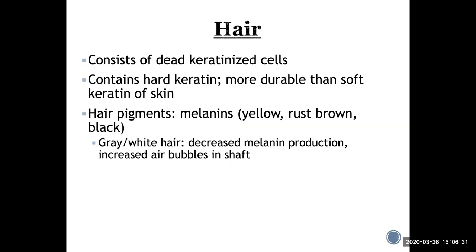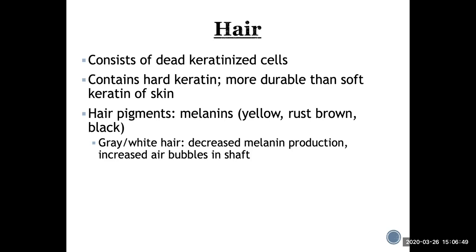So generally speaking, thick skin is hairless skin, and thin skin is hairy skin, okay? So thick skin does not have hair, and thin skin usually does, except for those exceptions.